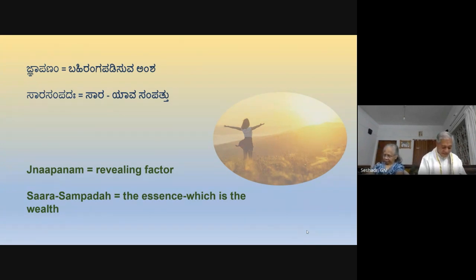Similarly, the essence of what? Jnanam sara sampadaha, the highest wealth. That I am the Atman is revealed. I don't become Atman, my dear friends. I am that. Guroho padodakam, jnanam sara sampadaha.